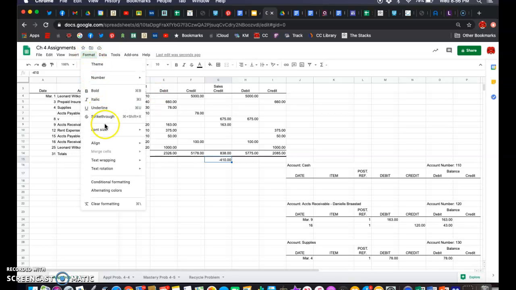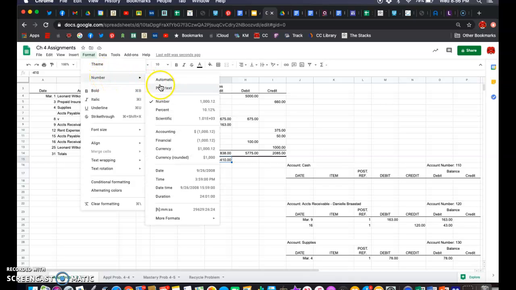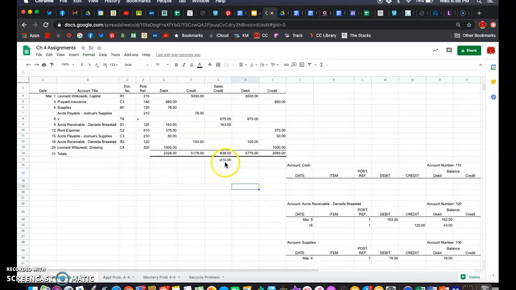In accounting, parentheses mean negative, and I'm not sure how to clear that formatting, to be honest. So just for us, I guess what we'll do is I'll get rid of this minus. Don't worry about the parentheses right now. Maybe I'll try to figure out how to format that.